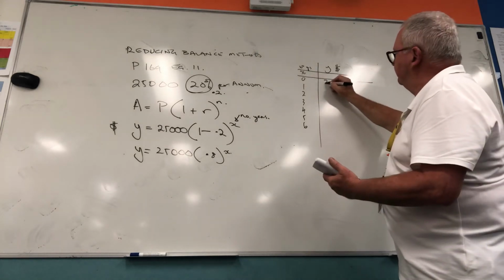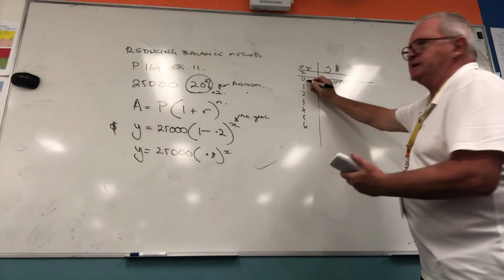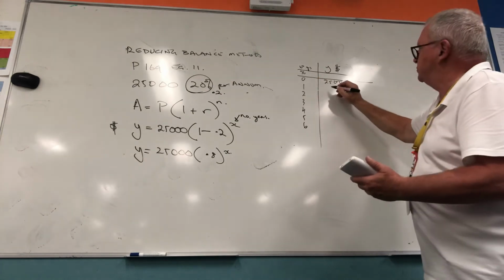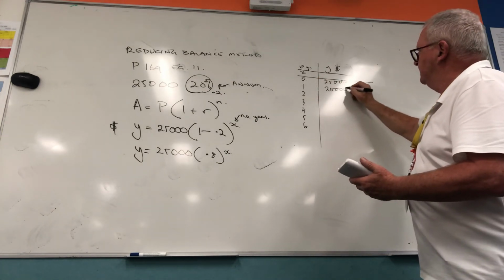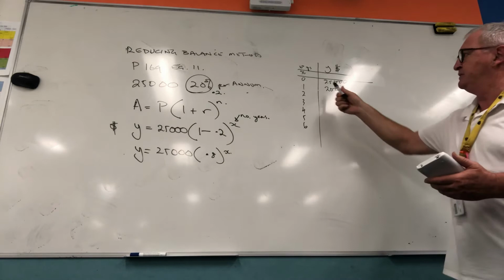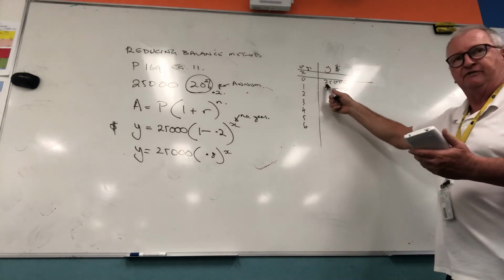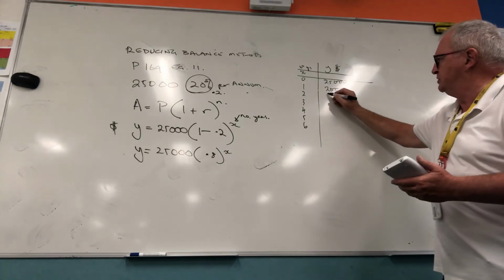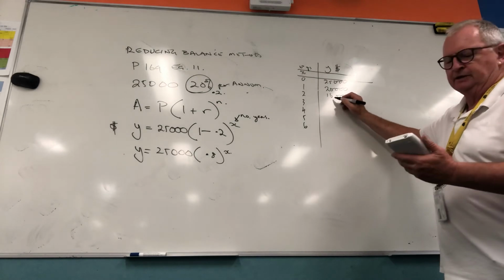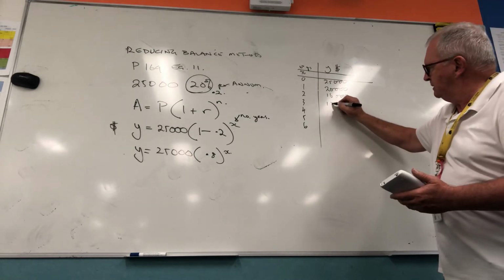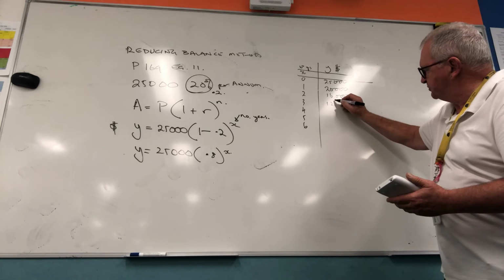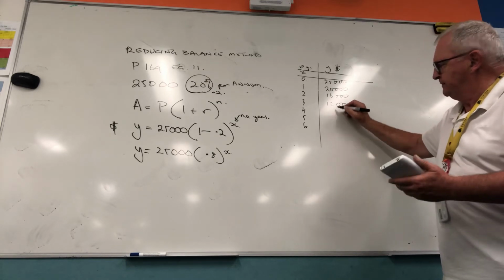Okay, initially it's 25,000. So initially means no years. After 1 year, it's 20,000. So for Zila, you see here, after the first year, it's dropped 5,000. The next year, it's only dropped 4,000. The next year, it's only dropped a little bit less. It's 3,200. Oops, I made a mistake there.